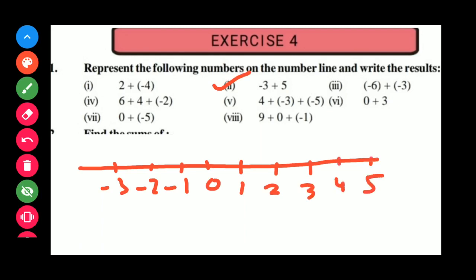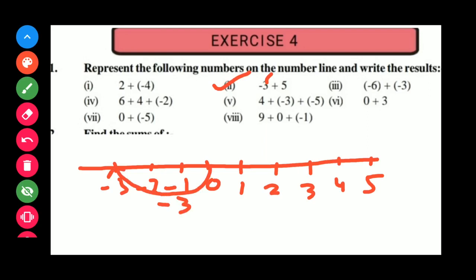Now come to the first -3. That one is -3. So -3 is back side. We will go to the back side of zero. So -3, that is go here. It is -3.